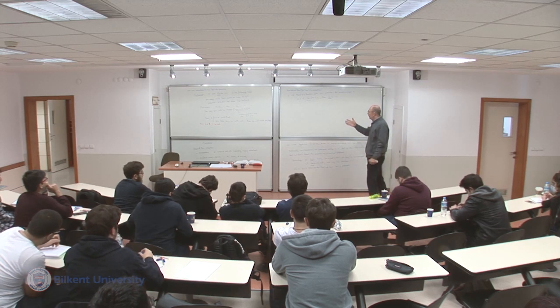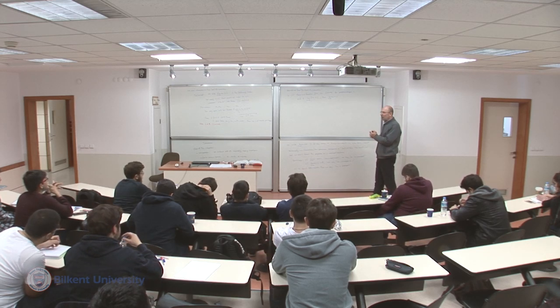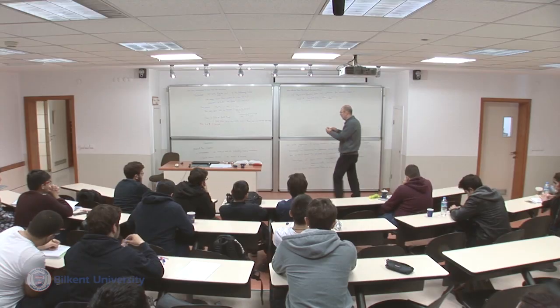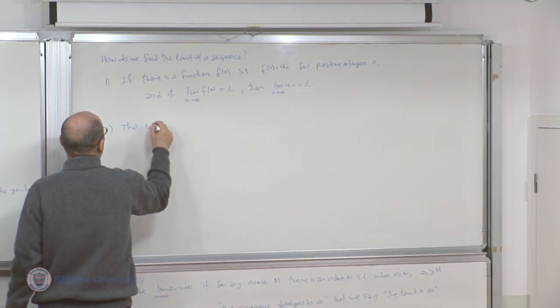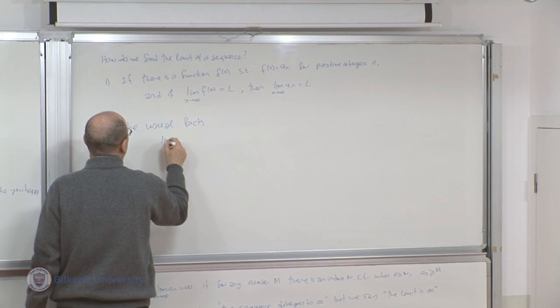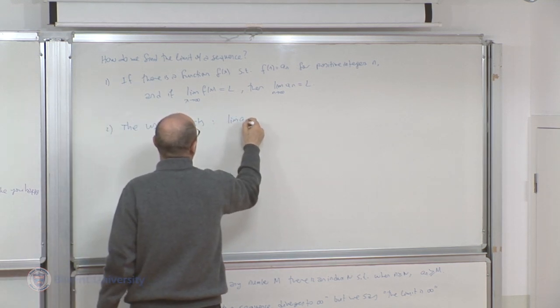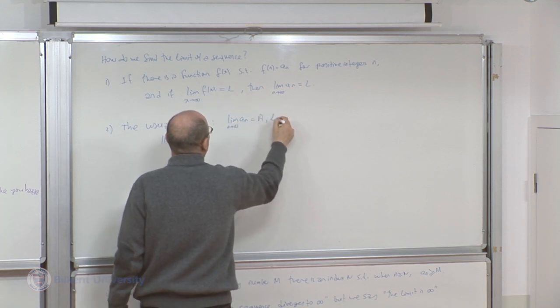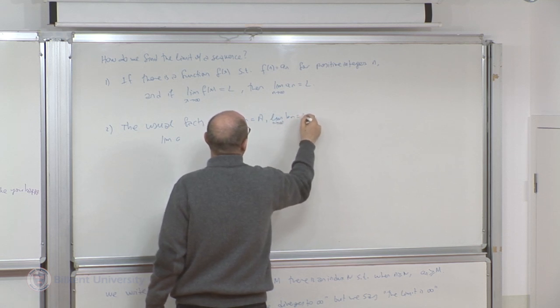And here it's the same thing. We have to break this up into small parts. So we have the usual rules, the usual boring theorems, facts. So suppose that the limit of a n as n goes to infinity is a, and the limit of b n as n goes to infinity is b.